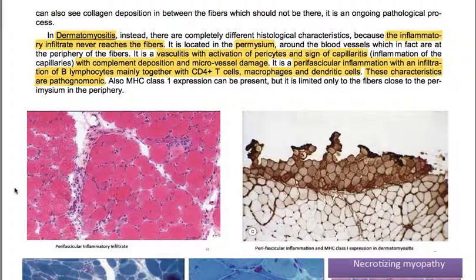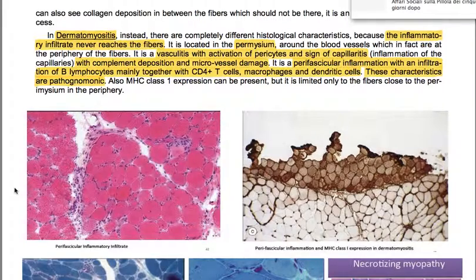In dermatomyositis, instead, there are completely different histological characteristics because the inflammatory infiltrate never reaches the fiber. It's located in the perimysium around the blood vessels, which in fact are at the periphery of the fibers. It's a vasculitis with activation of pericytes and signs of capillaritis, inflammation of the capillaries, with complement deposition and microvessel damage.